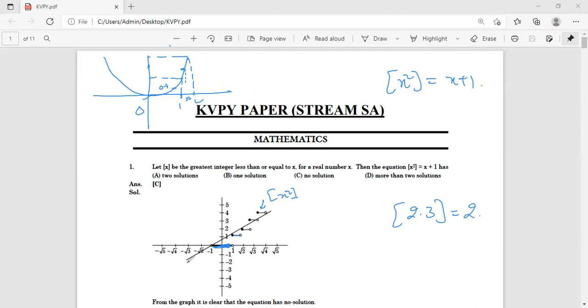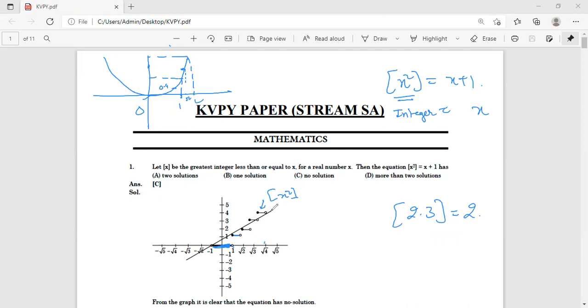And we have the graph of x + 1, a simple graph. You can just observe this is an integer on the LHS, so the right hand side should also be an integer. So x must be an integer. So when x is 1 and x is 2, check the value.